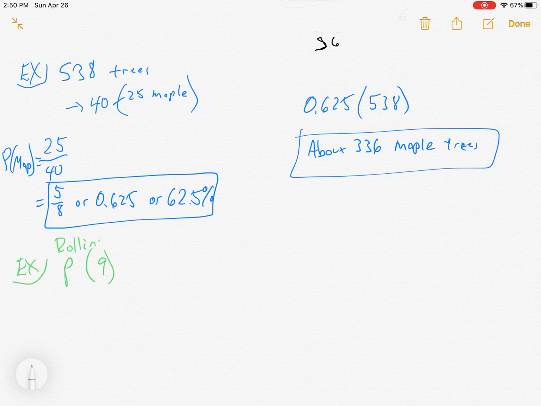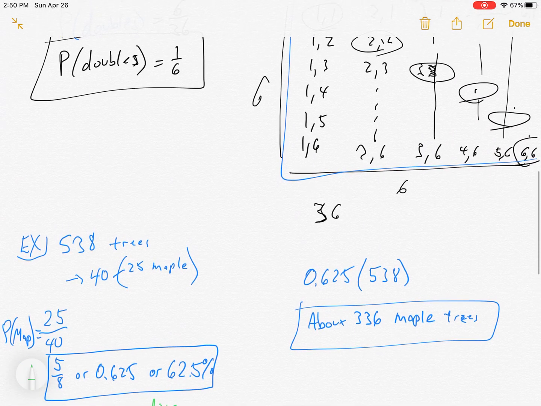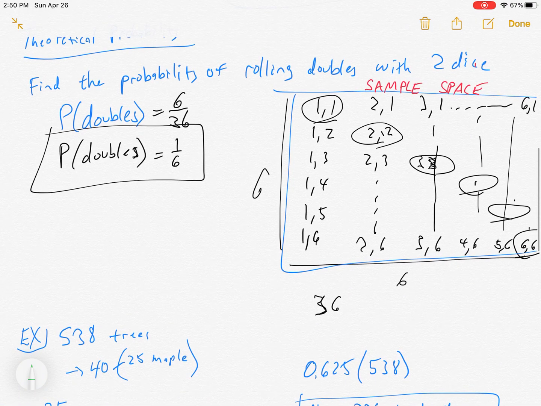Number 2 is on page 826. I want to take a look at that one too. It says, back to the dice problems, what's the probability of rolling a 9? Okay, so rolling 2 dice. Now, of course, this is a sum. There is no 9 on the dice, so probability of rolling a 9. If I'm going to go back up here and look at my options, see if I find any that add to 9.